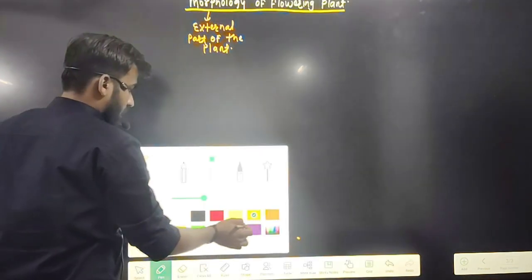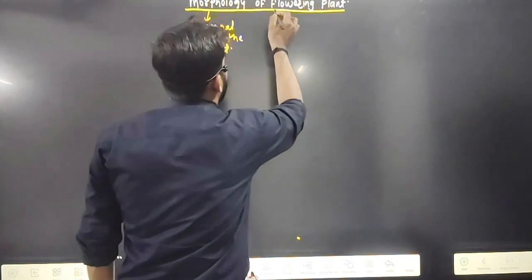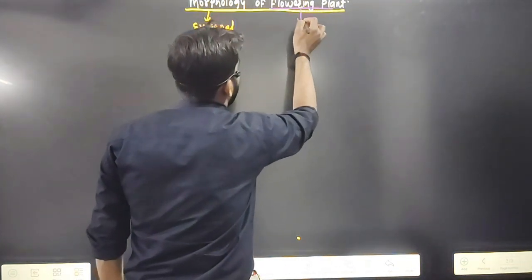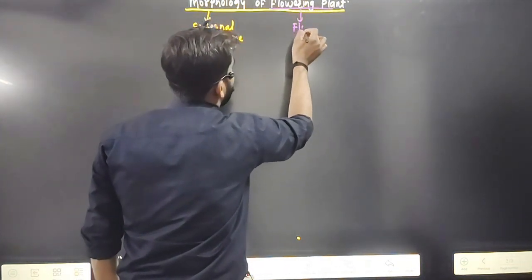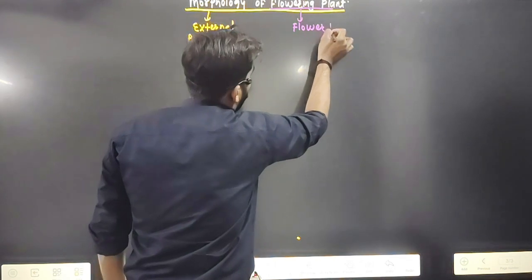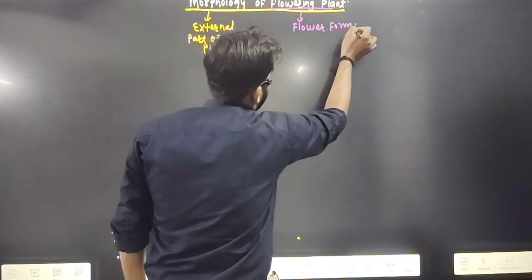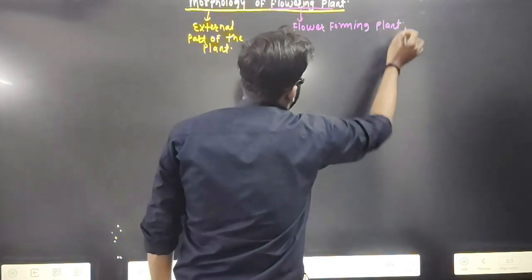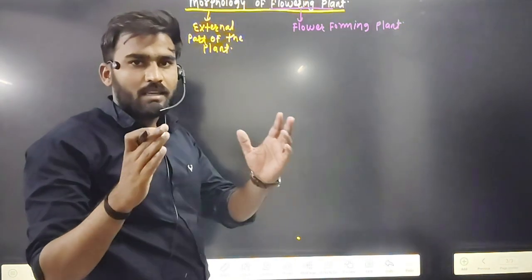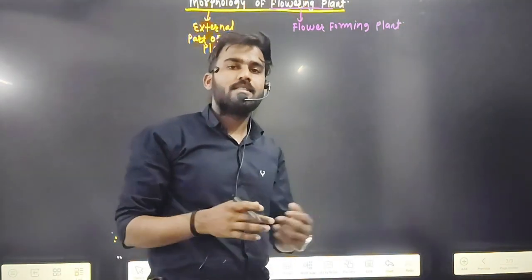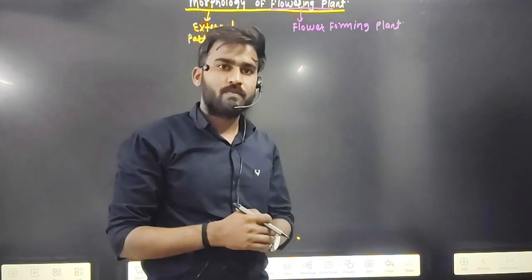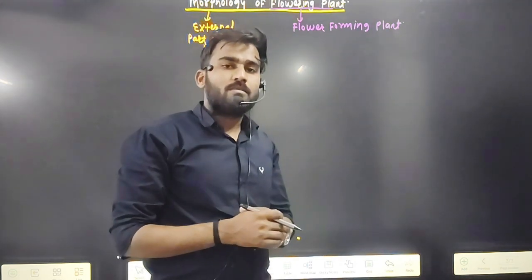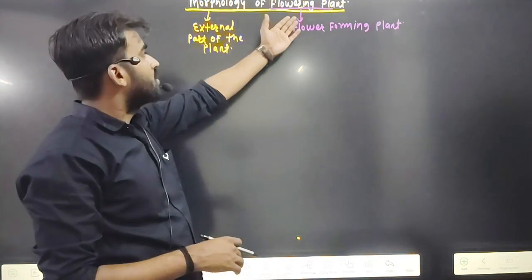And what is the flowering? The flowering is nothing but flower forming plant. And you all know, in nature there are a number of flower forming plants. Those flower forming plants are called flowering plants. What is the external?